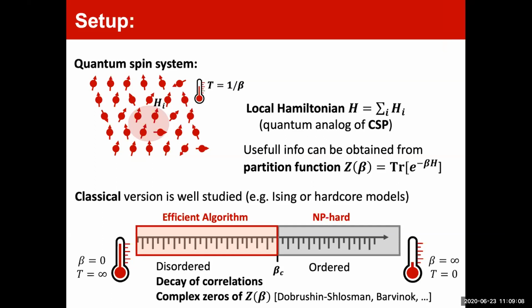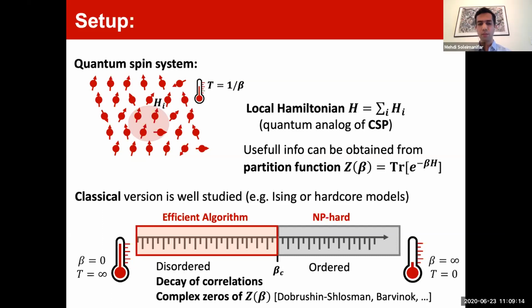But do you conjecture that these things are the same? I mean, quantum Hamiltonians include classical Hamiltonians, and we know for those that in the worst case, they match. But this doesn't mean that for any system, there is such a transition. It could be that you can pass the physical phase transition without encountering the computational one.